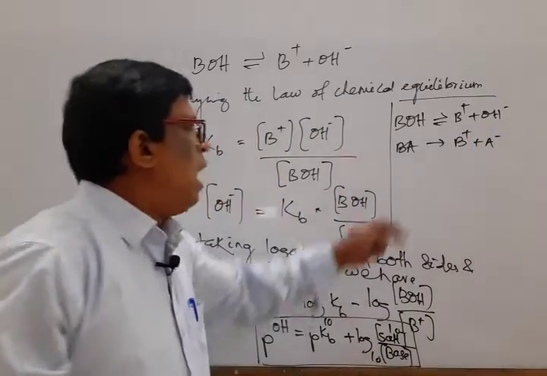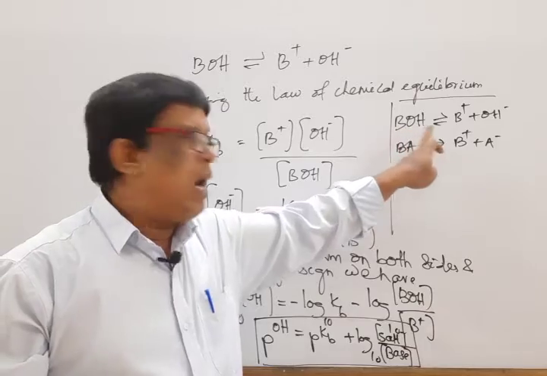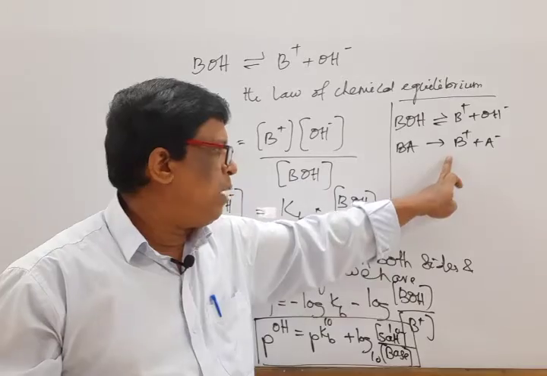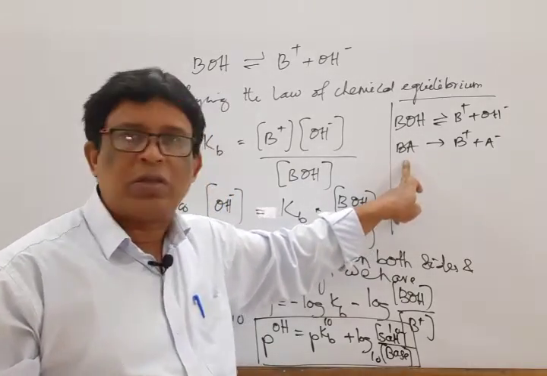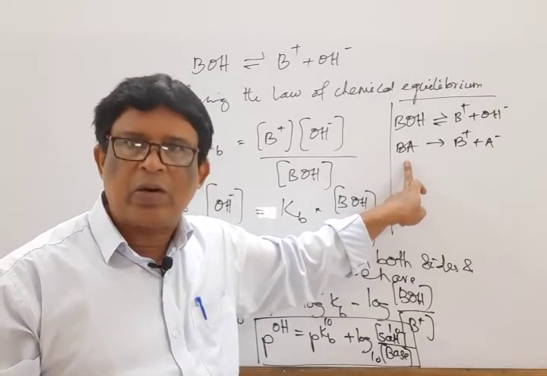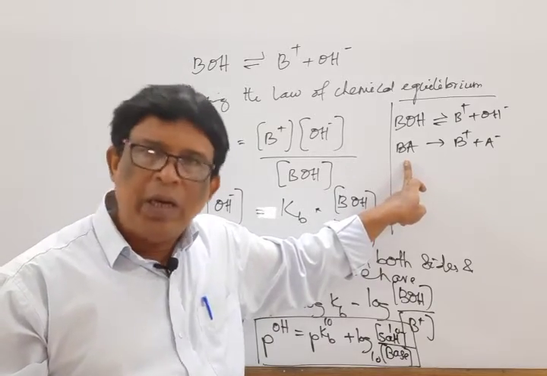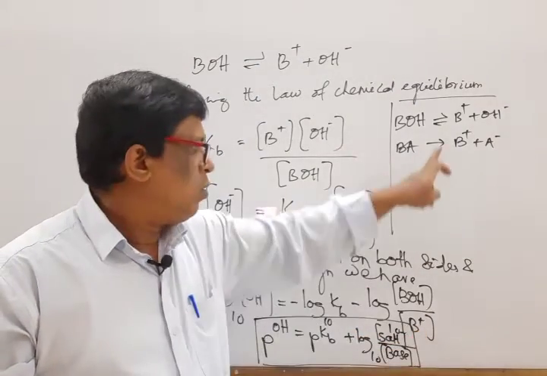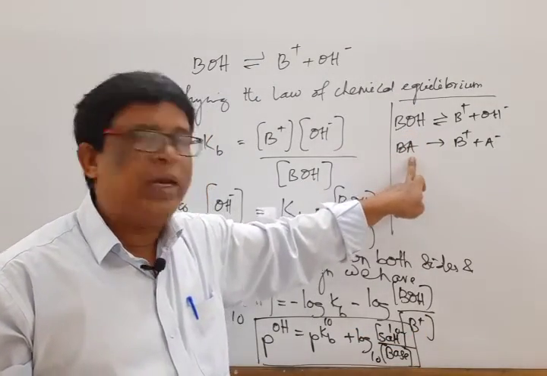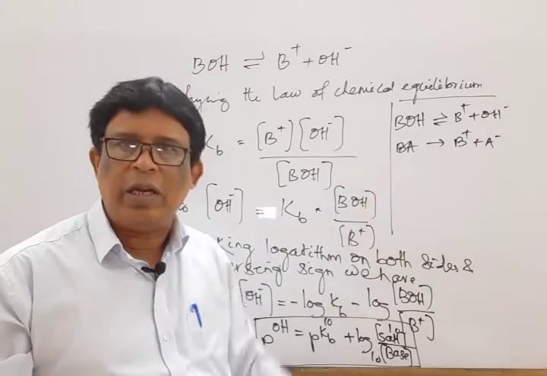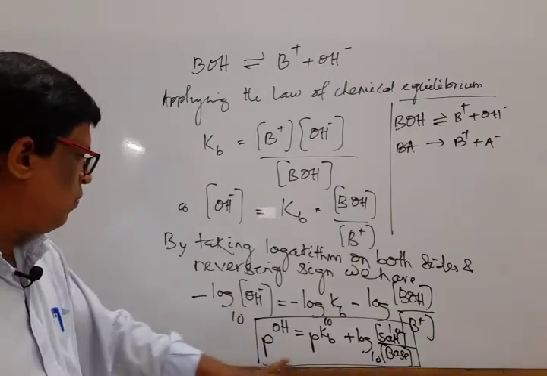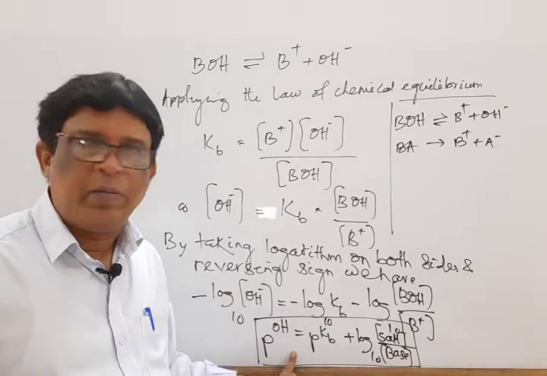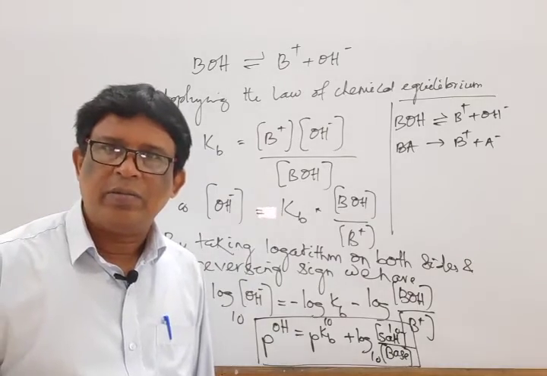We know, as a weak electrolyte, the quantity of B plus furnished by the weak base is very, very low in comparison to the B plus given by the salt, because the salt is a strong electrolyte. By definition, it is completely ionized. So here, instead of B plus concentration, instead of writing base, we write salt because of the strong electrolyte. So it is known as pOH of basic buffer, the Henderson equation.